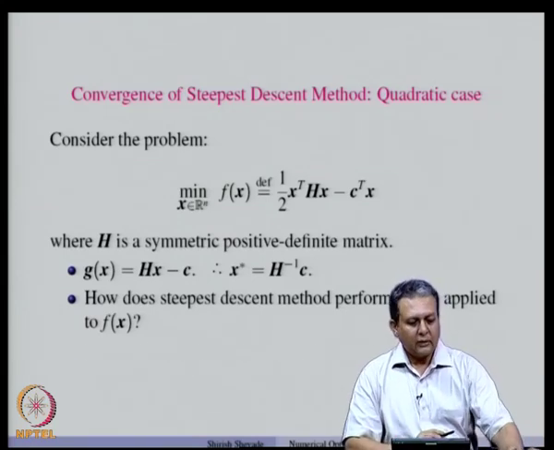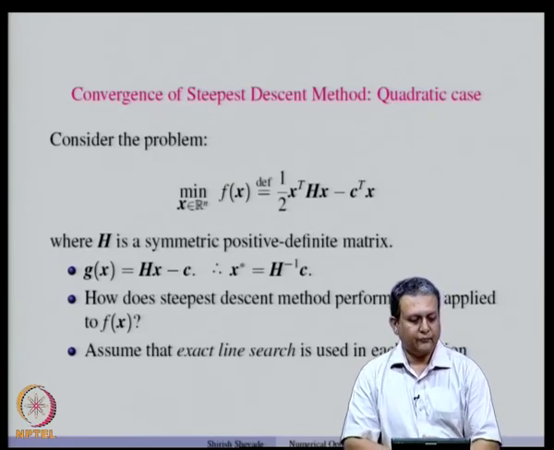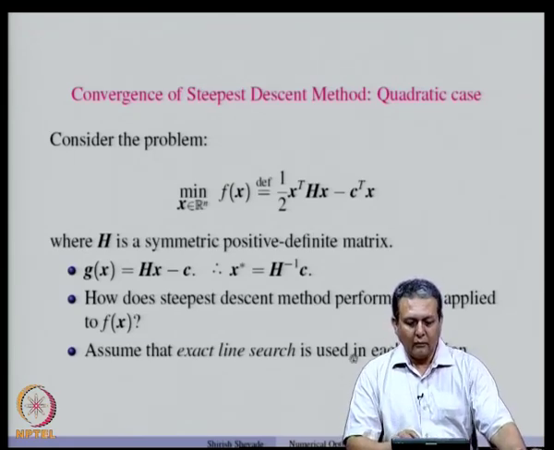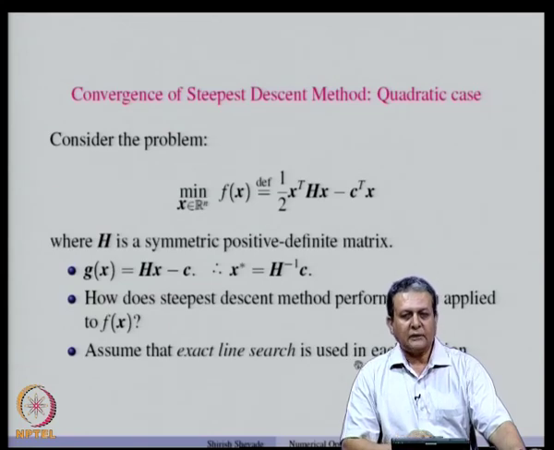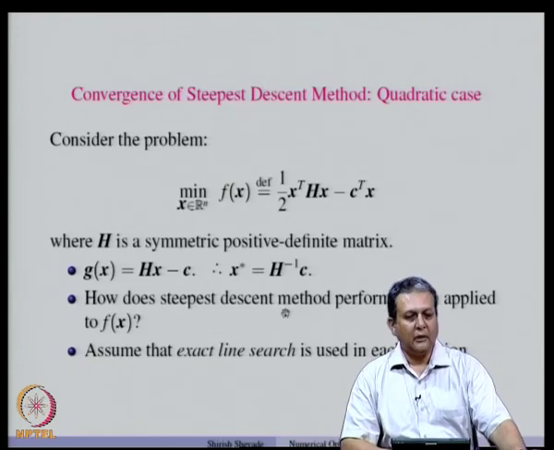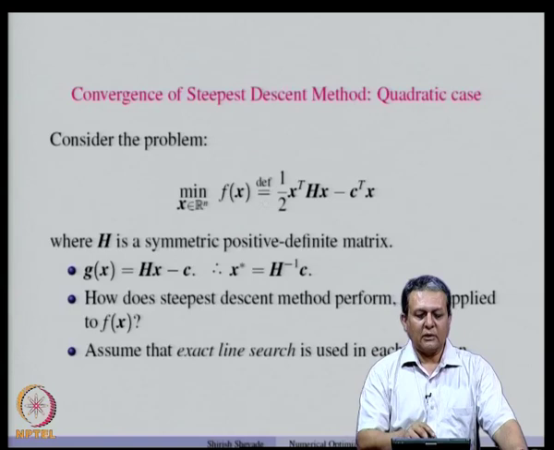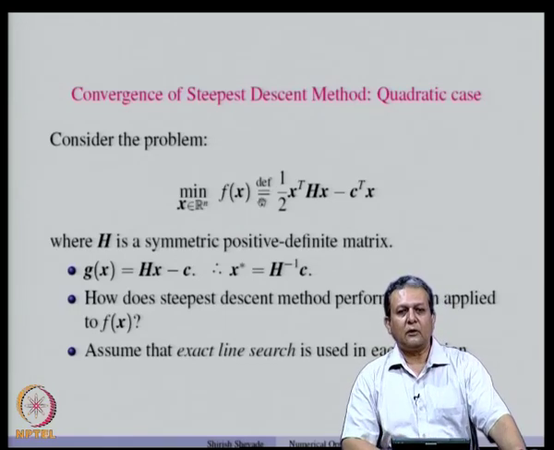So, let us assume that we use exact line search in each iteration. This is an important assumption that we make, that exact line search is done in every iteration, and we use the steepest descent direction in every iteration. With this, let us study the behavior of the steepest descent method as applied to this convex quadratic function.